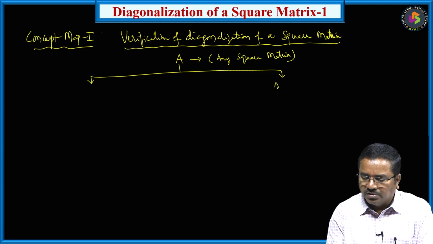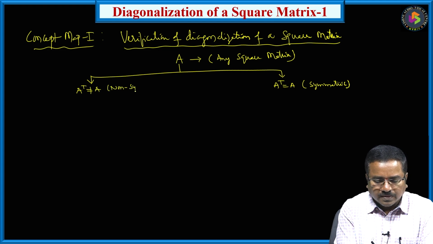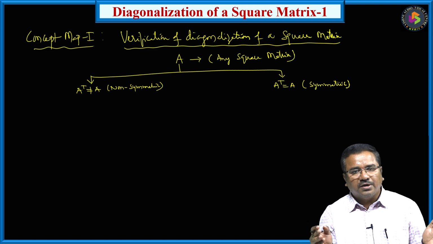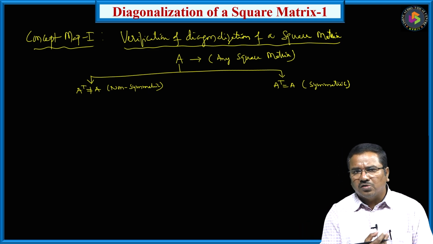Case one, if A is a symmetric matrix, this represents A transpose equals A. The non-symmetric case, mathematically we write A transpose not equal to A. This is called a non-symmetric matrix. So first, what you have to do is separate symmetric and non-symmetric. By looking, we can easily verify whether it is symmetric or non-symmetric.